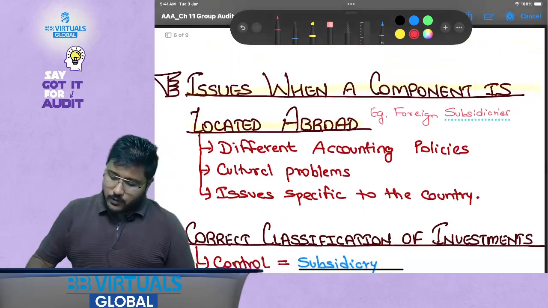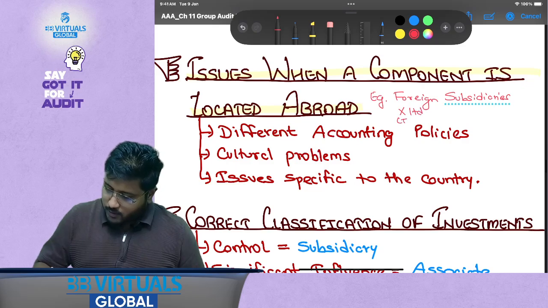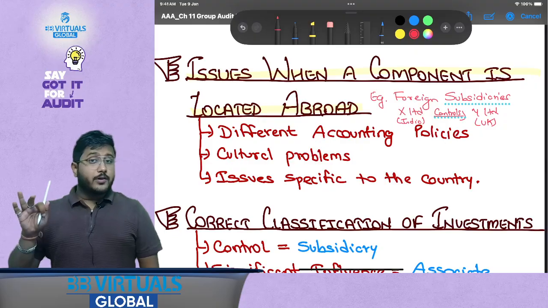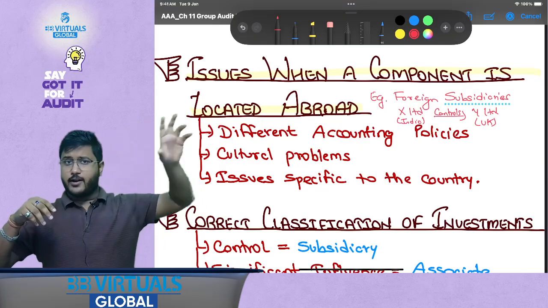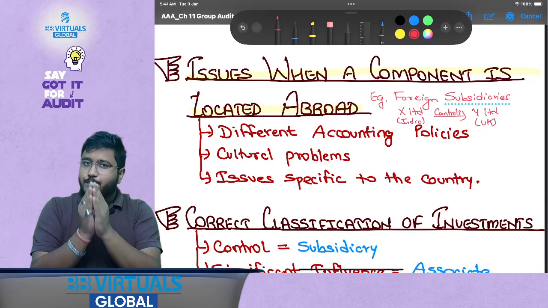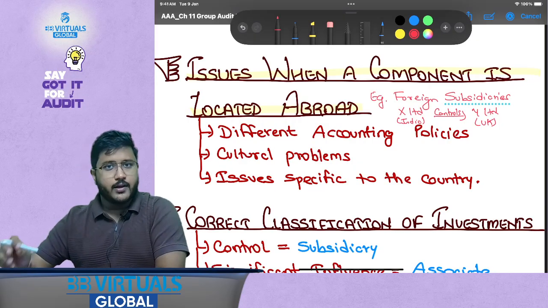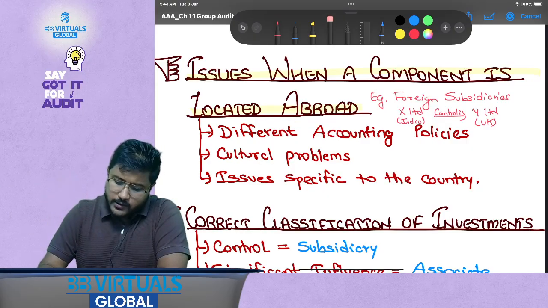Say X Limited India controls Y Limited, this is in UK. Now my friends, I am assuming that you have knowledge of these terms, control and significant influence, from your FR and SBR syllabus. Just in case you are confused, please feel free to reach out to me. Okay, X Limited controls Y Limited. X Limited is located in India, Y Limited is located in UK. So what could be certain issues?